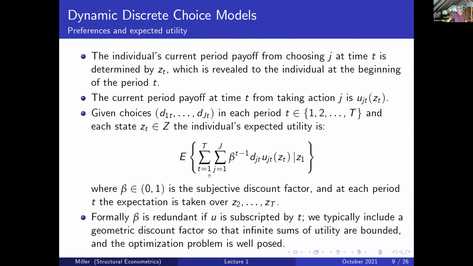But here we have this individual expected utility. We imagine they're going to live until time period T. Maybe they'll get some kind of value at the end of big T, which might be in this world or the next, who cares? And up until then, they're making some choices. And again, I'm just mapping out these choices being big J each period. It wouldn't make any difference if we had the number of choices depending on the period, or depending on the history.